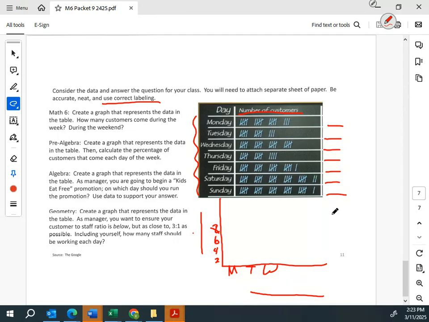And do not forget that we have questions to answer. We are not just making our graphs. We do need to say how many customers come during the week and how many come during the weekend. So you need to make your graph and you need to answer your questions.